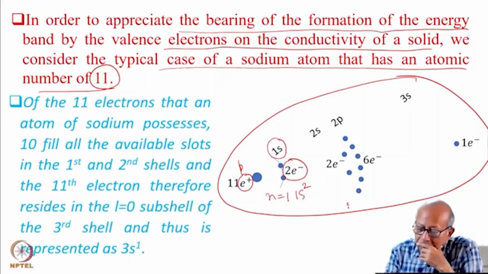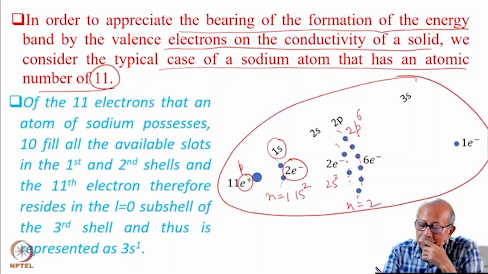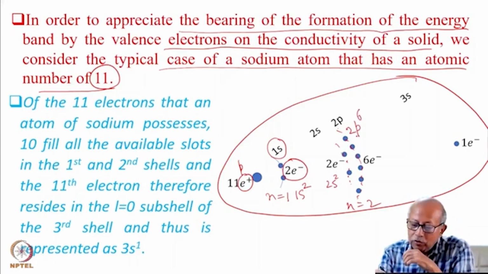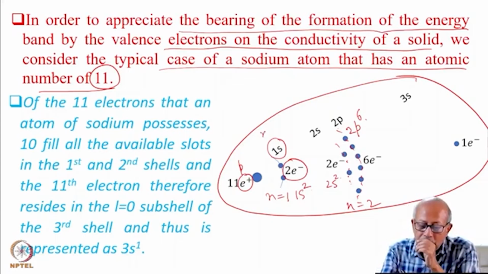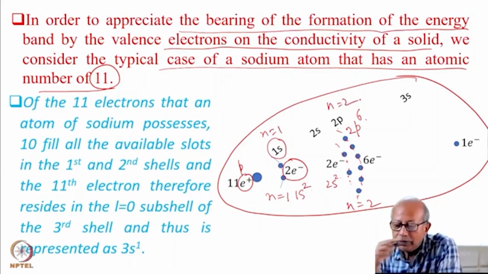Then the n equal to 2 orbit has two subshells. This is 2s, so it has two electrons. And then the next is L equal to 1, that is the p subshell. It has 6 electrons, 2p6. So 6 plus 2, 8 plus 2, 10. 10 electrons are distributed within these two, n equal to 1 and n equal to 2 energy levels.